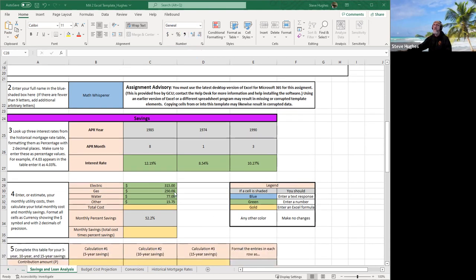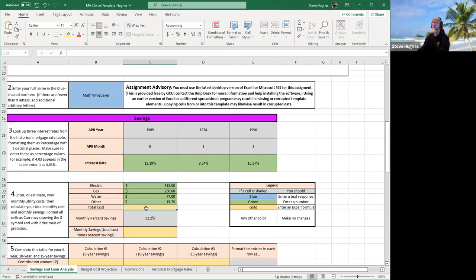All right, next we are going to type in some amounts for utilities, not mortgage. Electric, gas, water, other, etc. Type those in for yourself. You should have those from your week 2 major assignment 1. Once you're at this point, everybody just add these up.